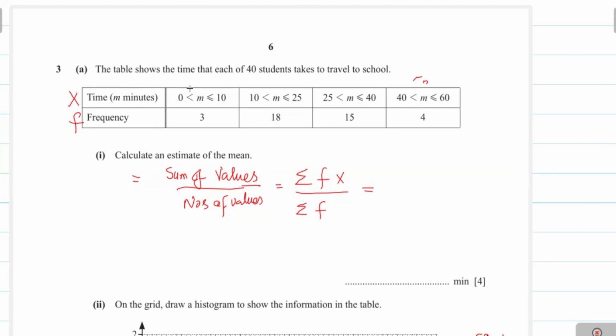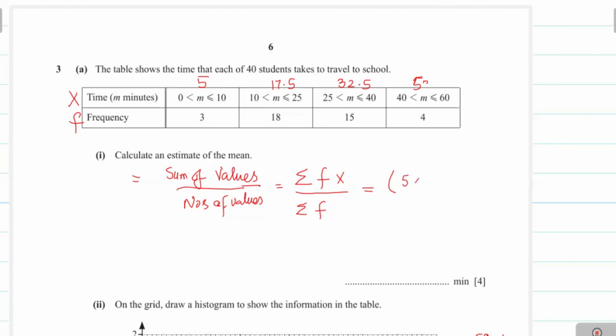Firstly, we will calculate the x. X is the middle value. Of these intervals, look here, first interval 0 to 10, the middle value will be 5. Then 17.5, and this value 25 to 40 is 32.5, and this value 40 to 60 is 50. Now we can calculate f into x. Multiply f to x, we calculate fx, and after this we will add all these values.